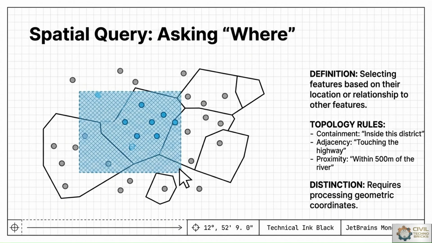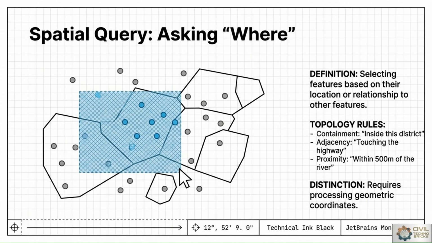So querying is the most basic powerful function of a GIS, which allows you to select features based on specific criteria. There are two types: attribute queries and spatial queries. Attribute queries, for example, select all pipes made of cast iron. And spatial queries, select all parcels within 500 meters of the river.